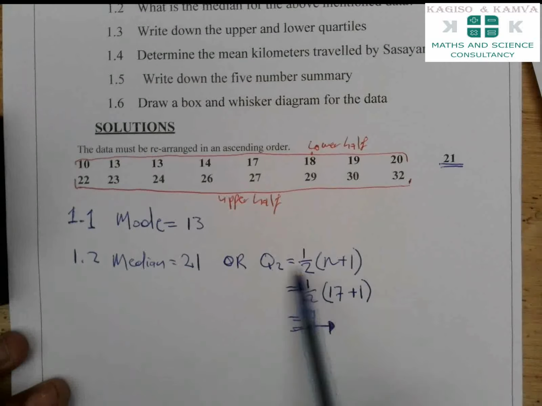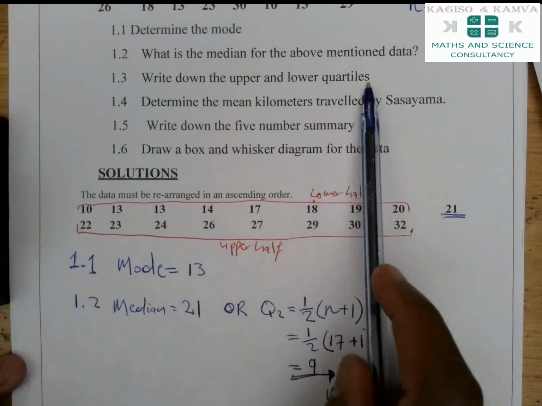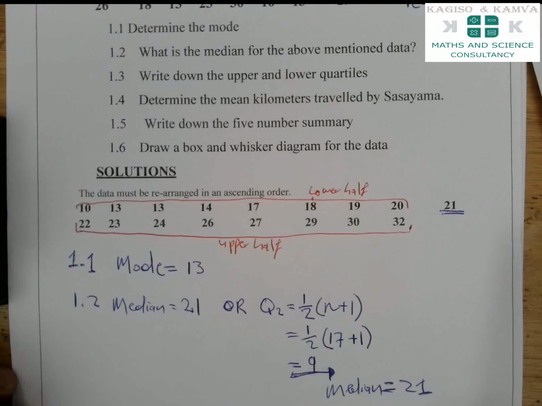That will be 21, so the median is equal to 21, just like that. Okay, good. Now what will be the next question? The next question is: write down the upper and the lower quartiles.